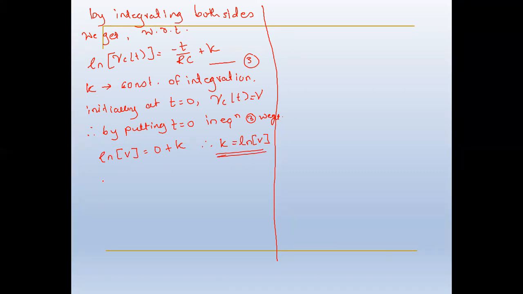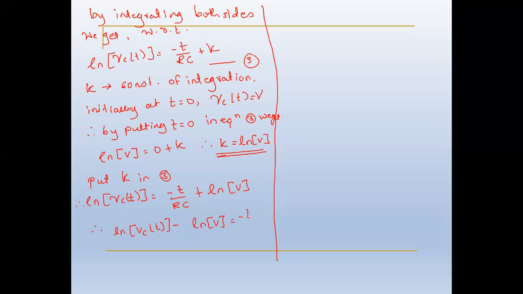So, if we put this value of k into the equation, what will we get? We get log of Vc(t) is equal to minus t by RC plus log of V. Therefore, log of Vc(t) minus log of V is equal to minus t by RC.